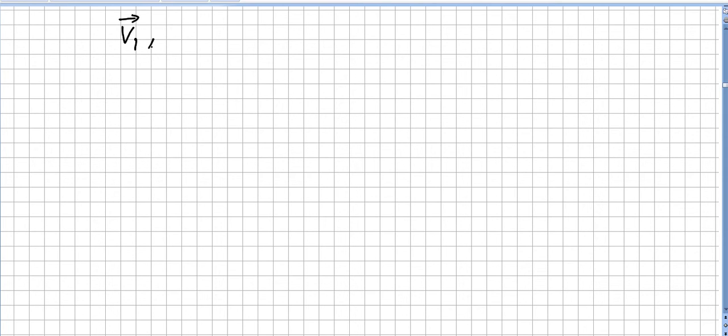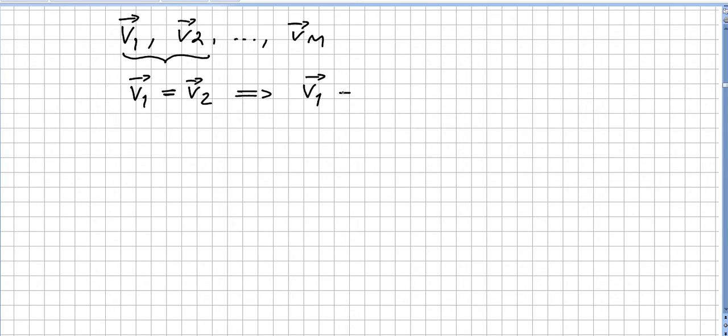Let us say we have a set of vectors v1, v2 till vm. And let us say two of them are equal. So let us say that, for instance, v1 is equal to v2. Then, of course, these vectors will be linearly dependent. Because if v1 is equal to v2, that means that v1 minus v2 is the same as v2 minus v2.